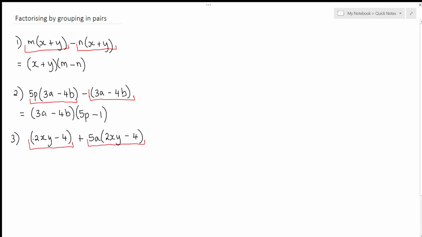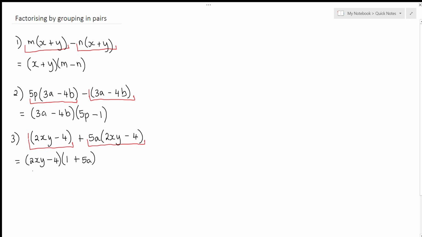Now take note that in the first term we don't have a number here, so we can just put a 1 so that it doesn't confuse you when you write it out. So our common factor is 2xy minus 4, and we are left with 1 in our first term plus 5a.